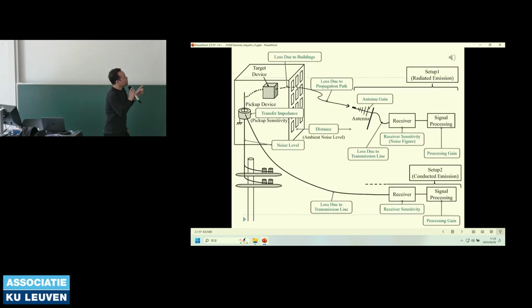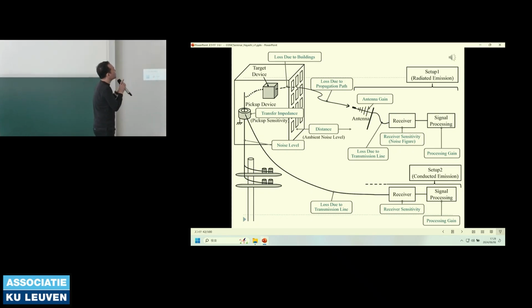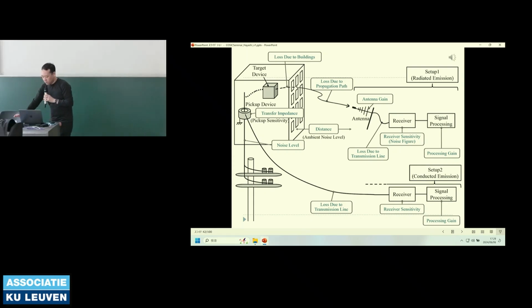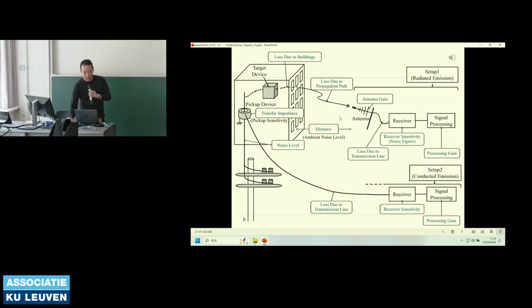This is the typical measurement style of the radiated emission and the conducted emission. If we measure the radiated emission, we use an antenna. In this experiment, we use a Yagi antenna. We receive the EM leakage with the antenna and connect it to the receiver.